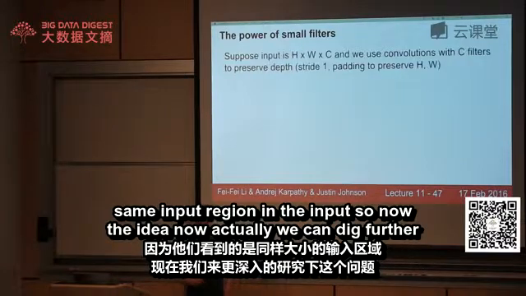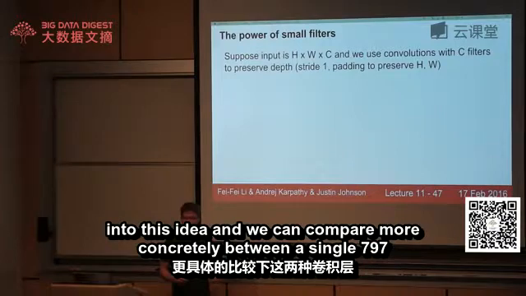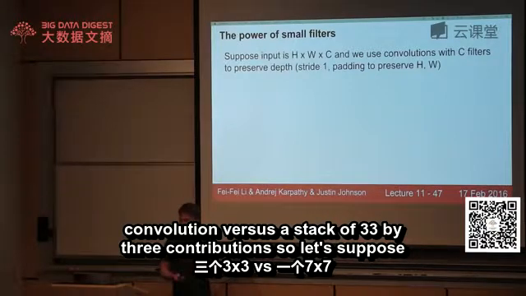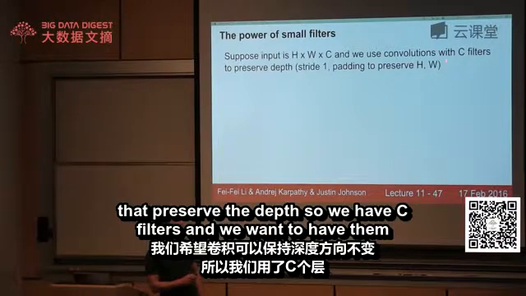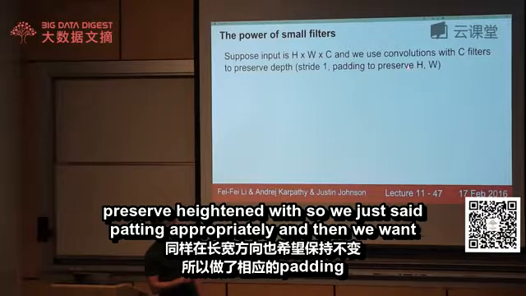So now we can dig further into this idea, and compare more concretely between a single 7x7 convolution versus a stack of 3 3x3 convolutions. Let's suppose that we have an input image that's H by W by C, and we want convolutions that preserve the depth, so we have C filters, and we want to preserve height and width, so we just set padding appropriately.